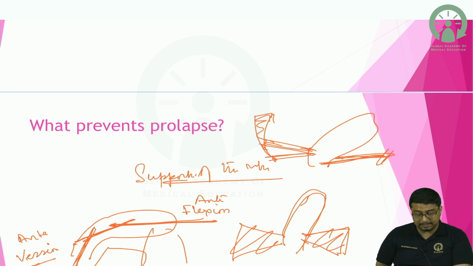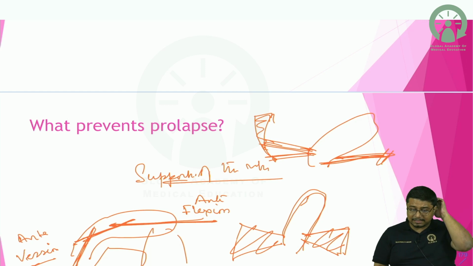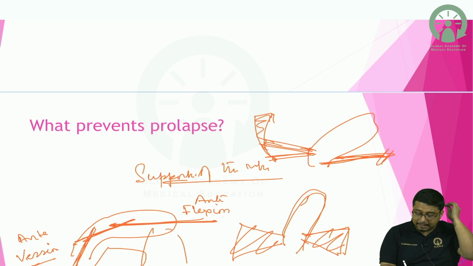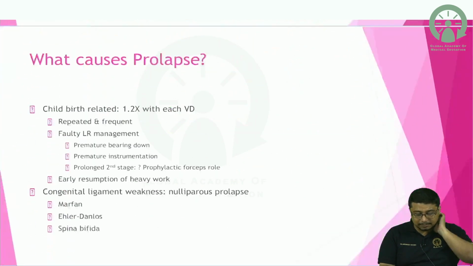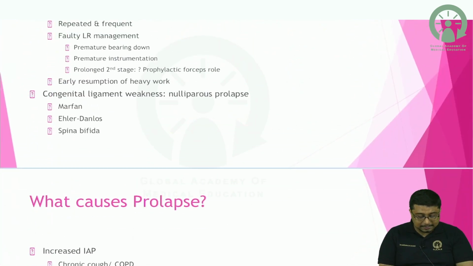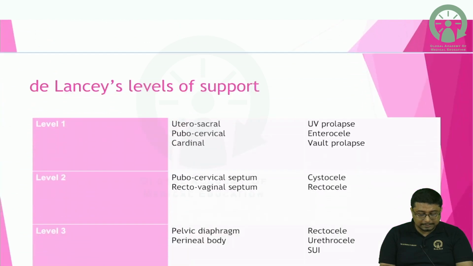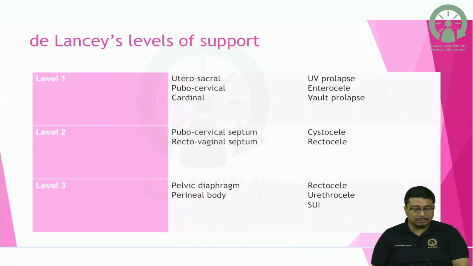So these are the main first level of support for the uterus. The second level of support is the fascia of the levator ani, and the third level of support is the levator ani muscle itself, and these are known as the DeLancey's levels of support.